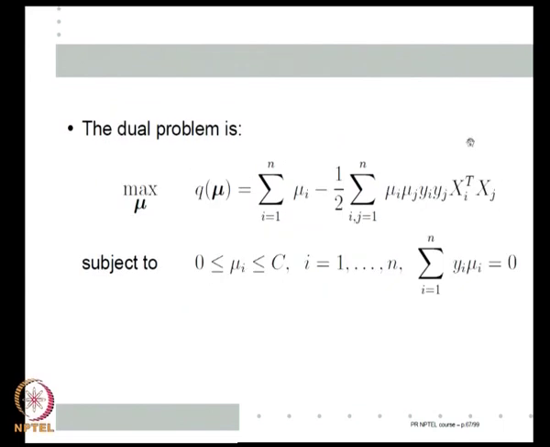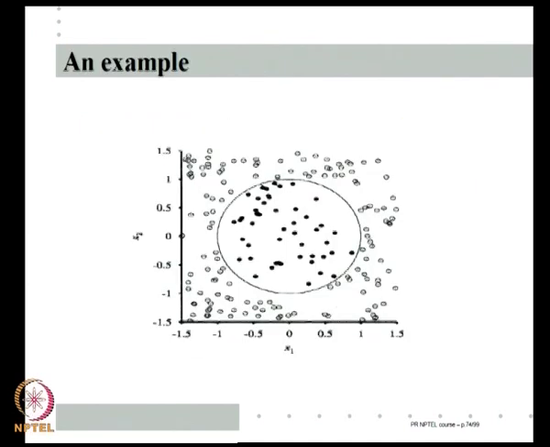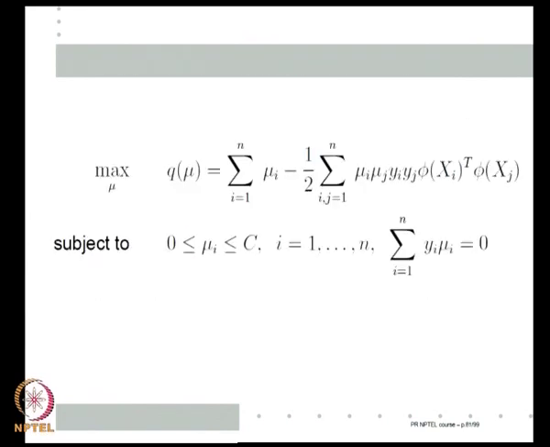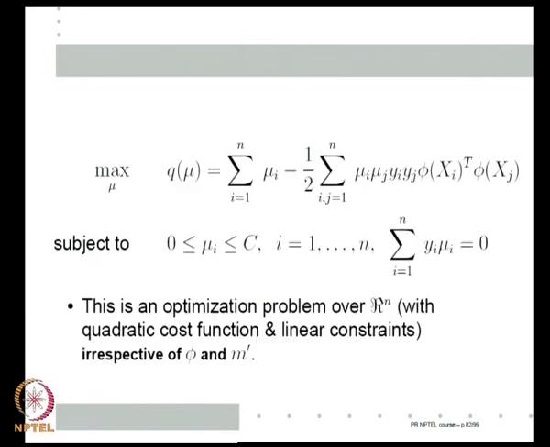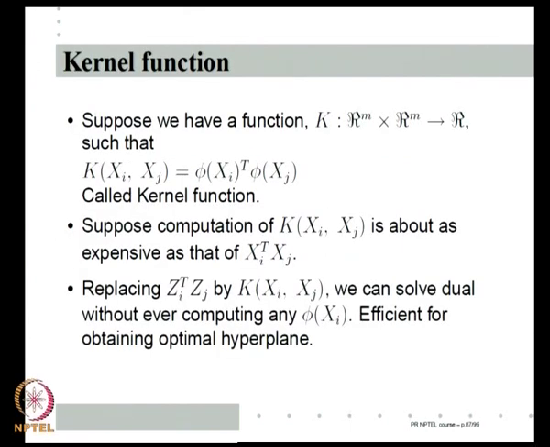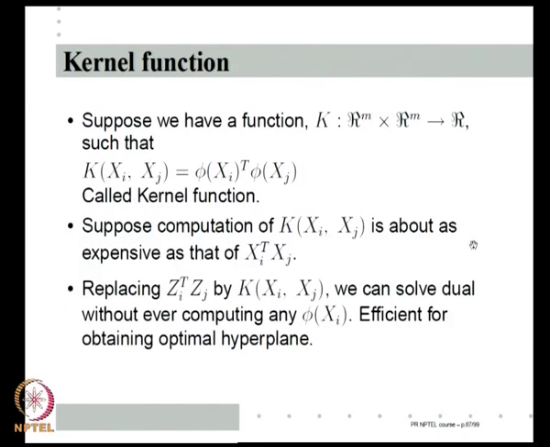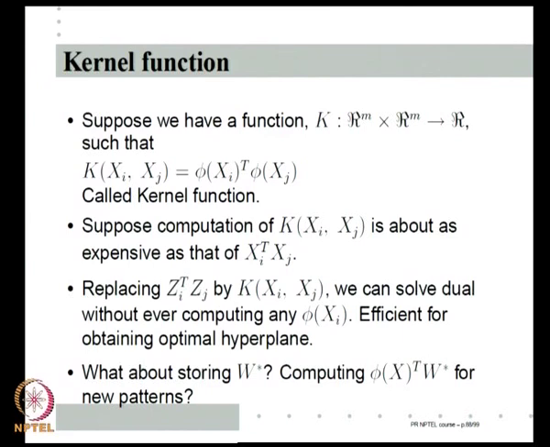On the other hand, in the dual, because it comes only as phi(xi) transpose phi(xj) and nowhere else, I am able to substitute this by the kernel. So, what the kernel has given me is that by replacing phi(xi) transpose phi(xj) by k(xi, xj), I have been able to efficiently solve the dual problem without actually calculating phi(xi) and obtain all my hyperplanes, all my Lagrange multipliers.